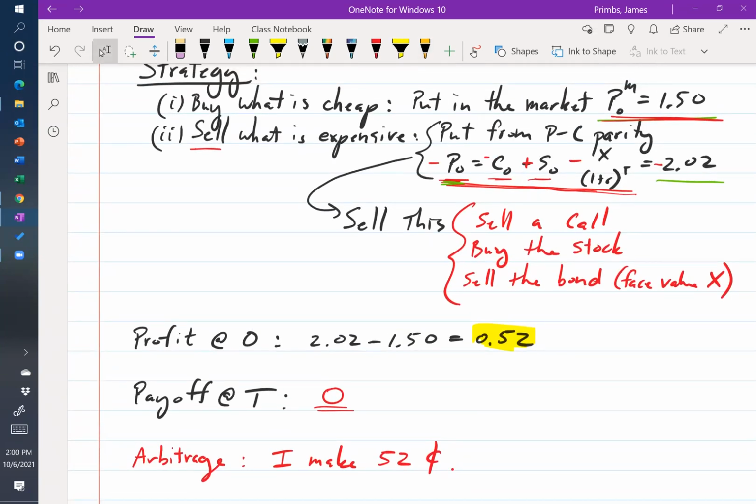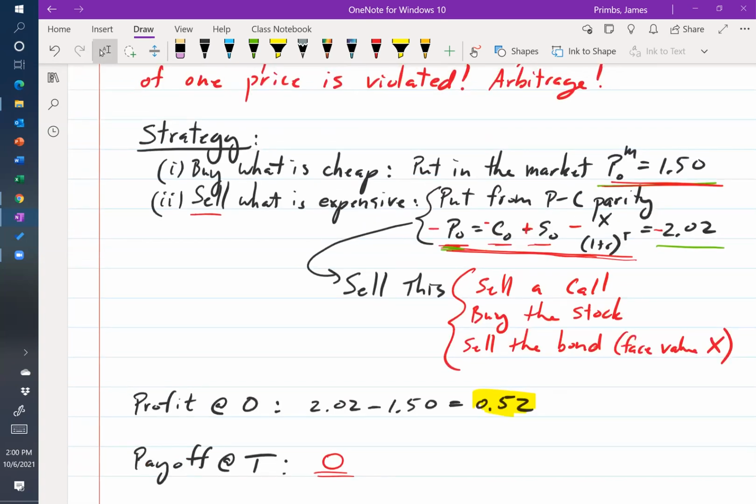Yes. We're selling it to someone else in the market, even though we bought it on the market at a lower price? No. So what was our strategy here? Let's go up and highlight the strategy. I bought a put in the market. Cost me $1.50, but I'm long a put. Then I turned around, and what did I do?